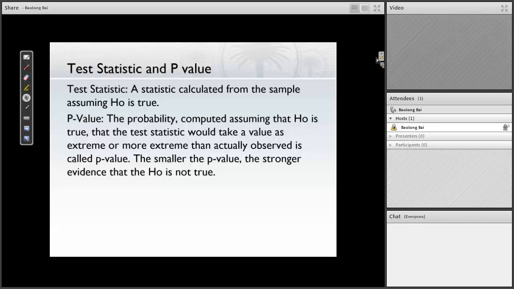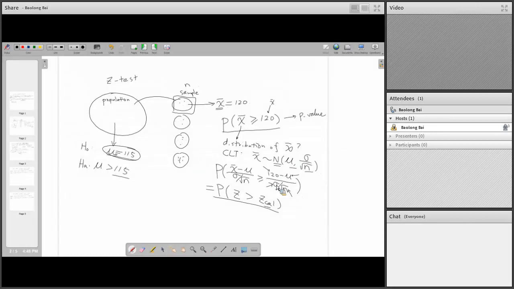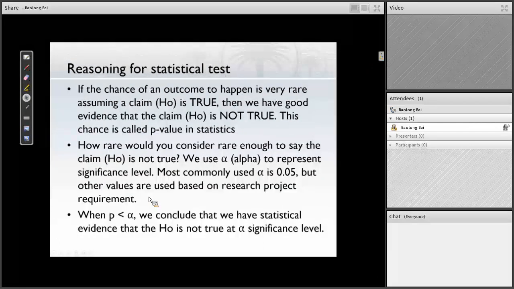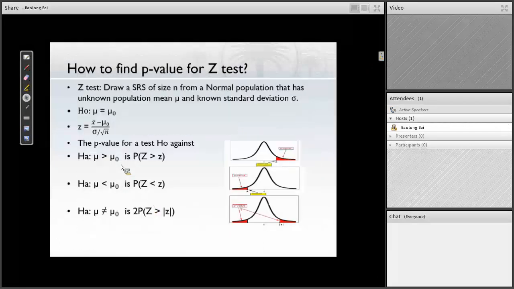Then the test statistic is basically the z statistic we calculated. So it's the probability that the test statistic will be as extreme or more extreme than the statistic we calculated. So if you think about all the different possible scenarios, the p-value will be defined as, we just derived this process, this will be the p-value. If your alternative hypothesis is a smaller than sign, the p-value will be this.